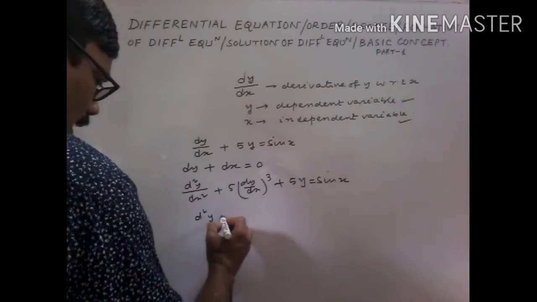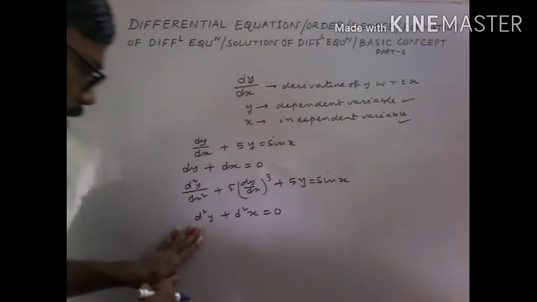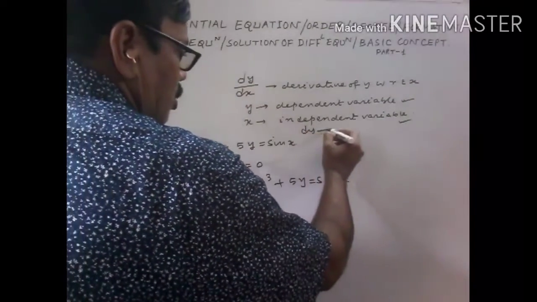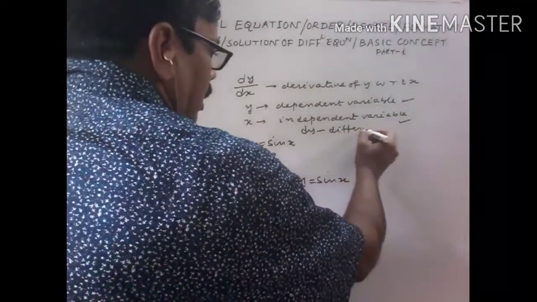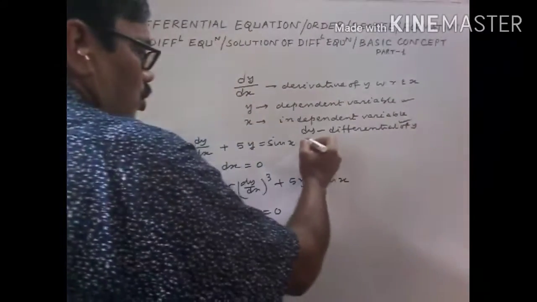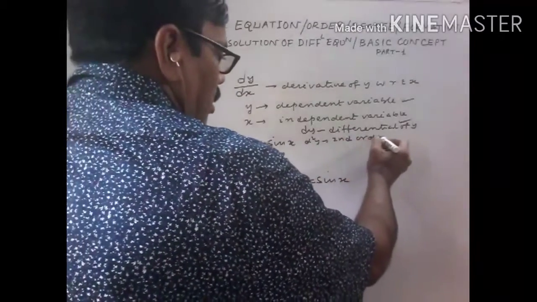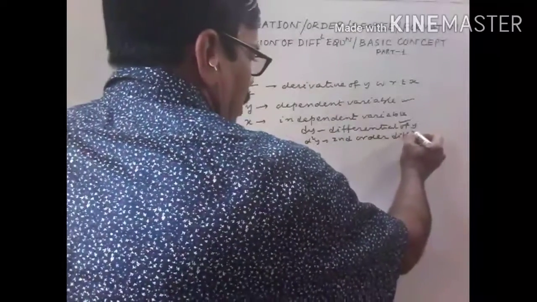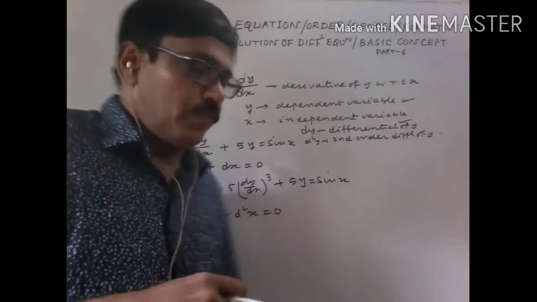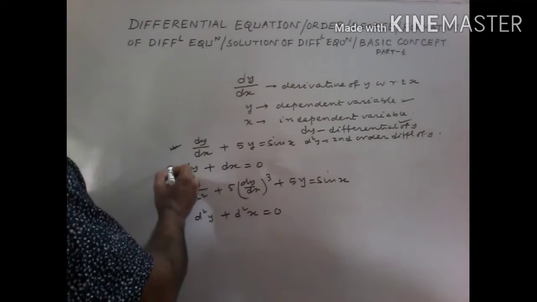Next, d2y equals 0. This d2y is the second order differential of y. So these are differential equations.